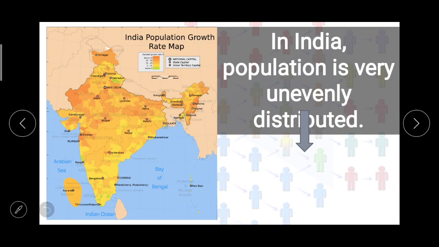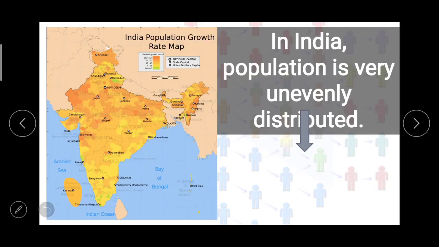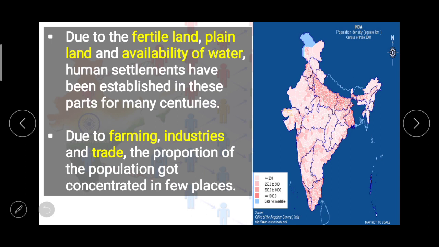In India, population is very unevenly distributed, and it is unevenly distributed because physiography and climate play an important role.